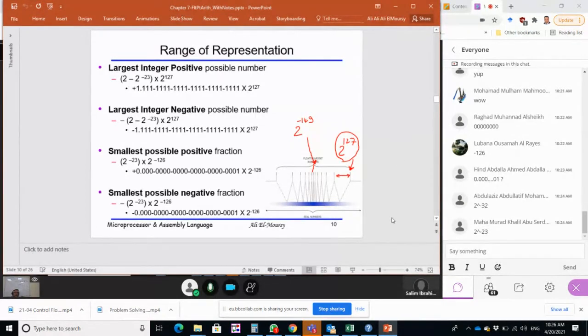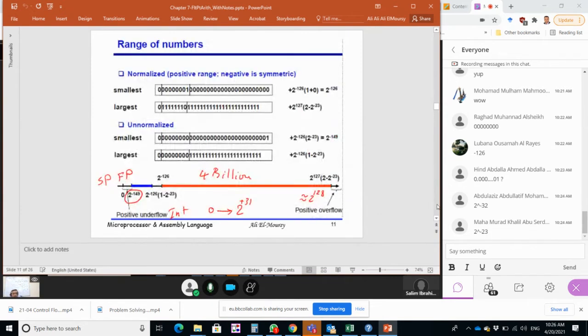Agree? The range of values for the floating point is not continuous. When you are representing small fractional numbers, the representations are closer to each other. When I go to the integers and the big integers, the spaces between the representations get larger. تمام؟ يبقى I still utilize the 4 billion combinations for the 32 bits, but in a completely different fashion.